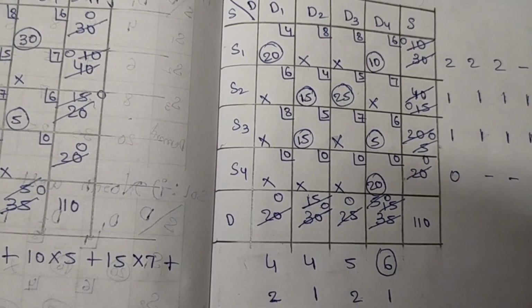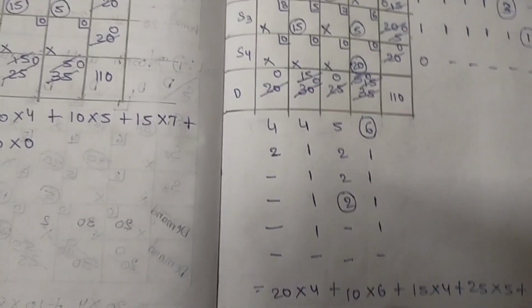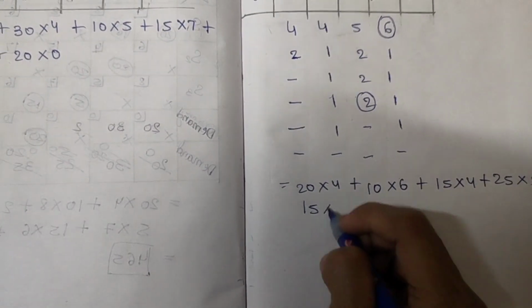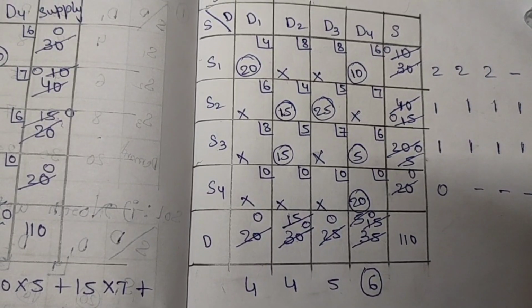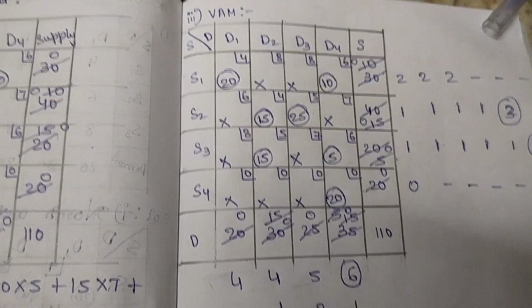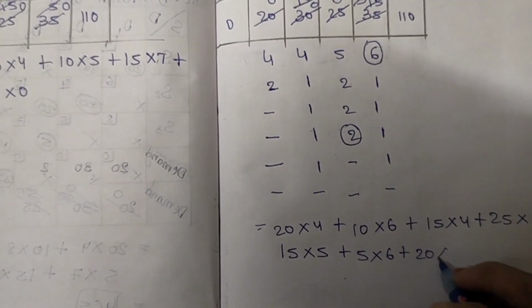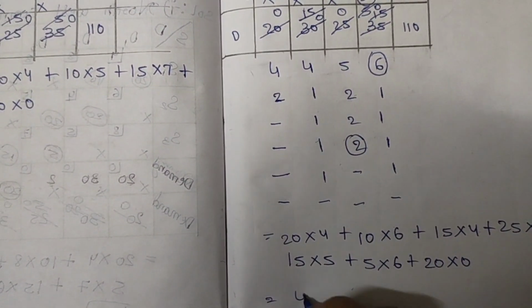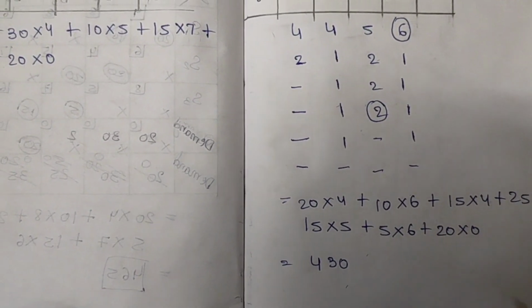For S3, D2, 15 into 5. For S3, D4, 5 into 6. For S4, D4, 20 into 0. Totally we have got 430.